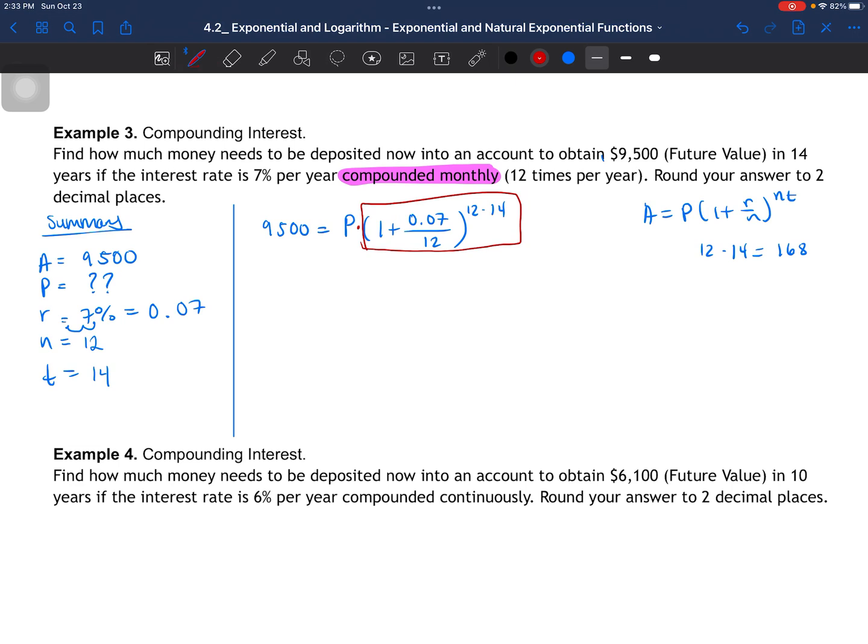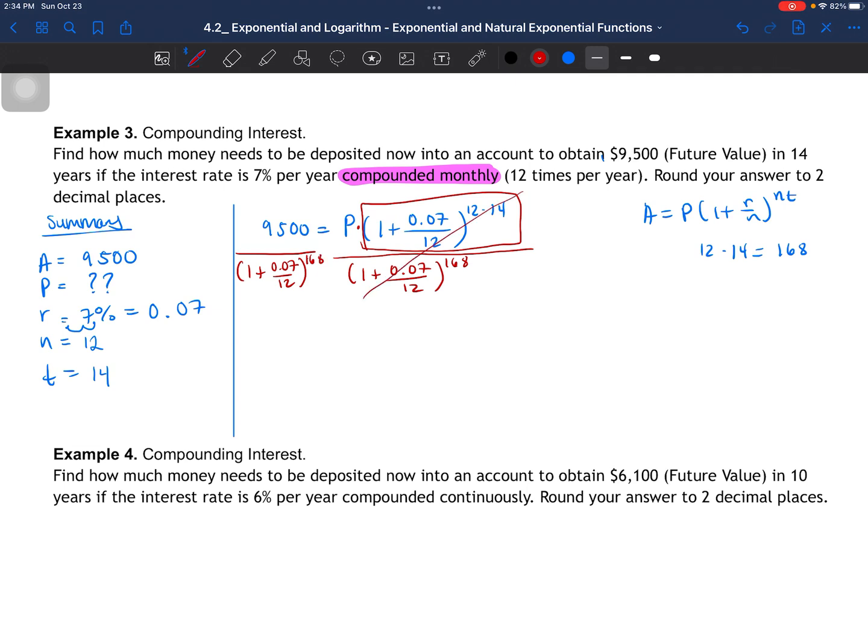All right. So to solve for P, what I would suggest is to remember what we have. We have P times this whole factor, right? This is all together a factor. What we know from algebra is that we can divide anytime we have a multiplication. So we can divide both sides by 1 plus 0.07 over 12 raised to the 168.